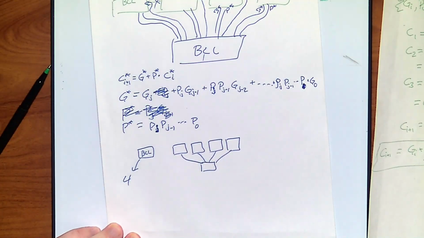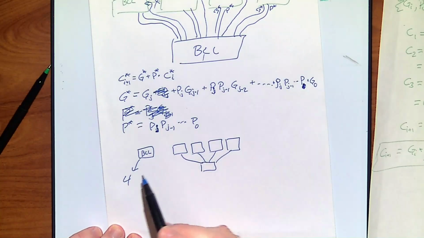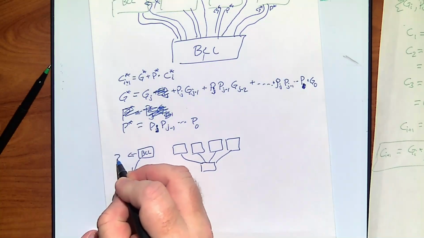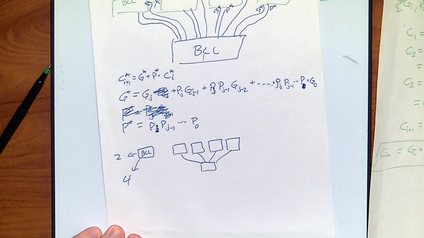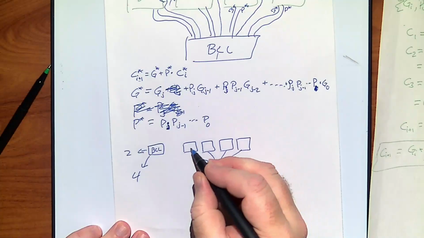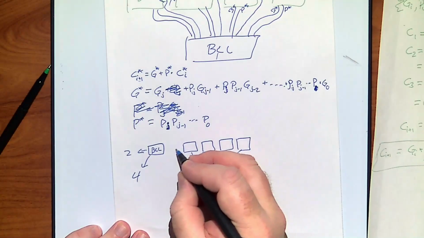I'm not going to draw lines between them. I just want a simple picture. So this takes time of 2. This takes 2, 4 to generate. Fine. And technically, there's one extra thing here, but it's close enough.